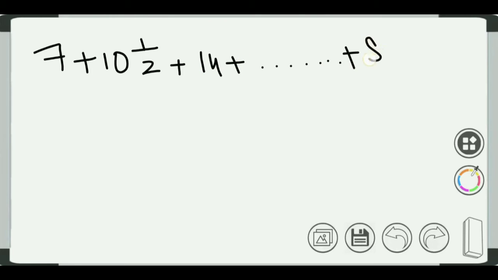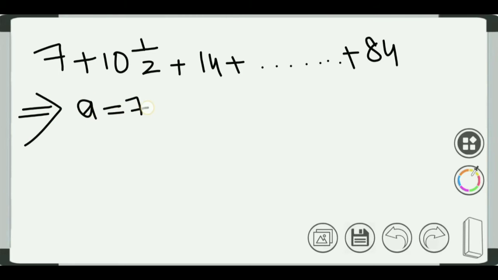Now you can come to the second question. Find the sums given below. See the first sub-question: 7 plus 10 1 by 2 plus 14 plus, and so on, till 84. First of all, write the given details.